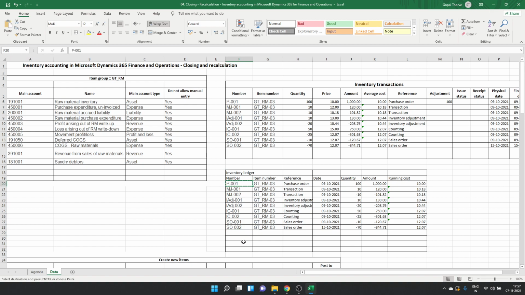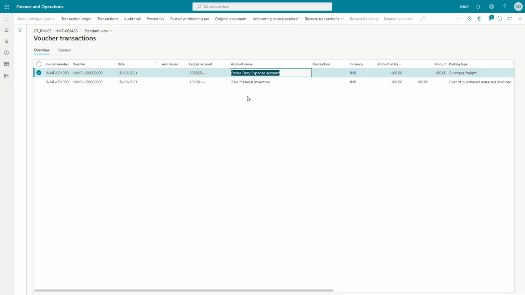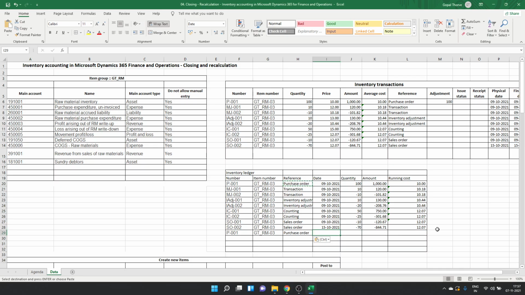With the same reference number, for the same item, for the same purchase transaction, but dated 15th of October, with quantity 0. Okay, 100 rupees of adjustment is posted.